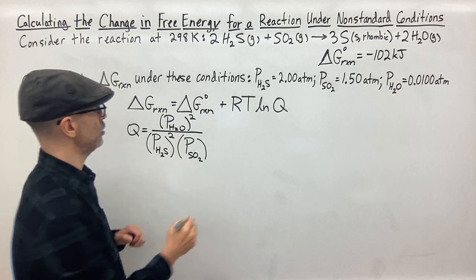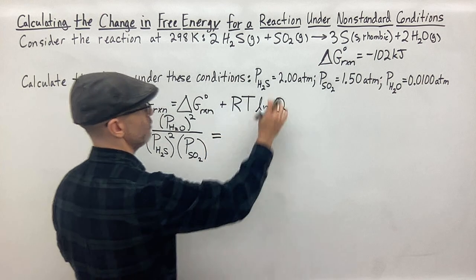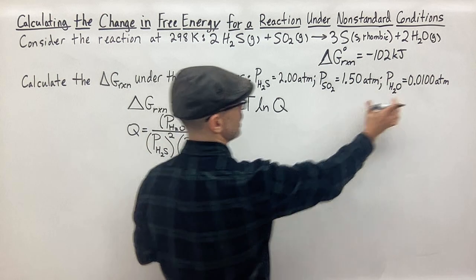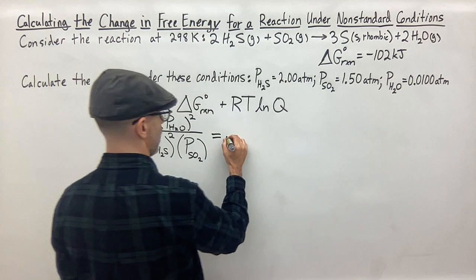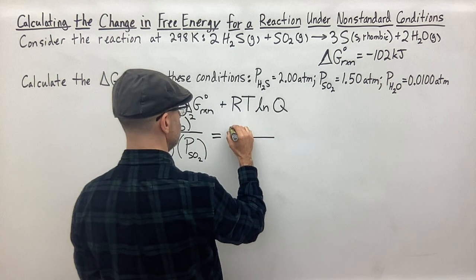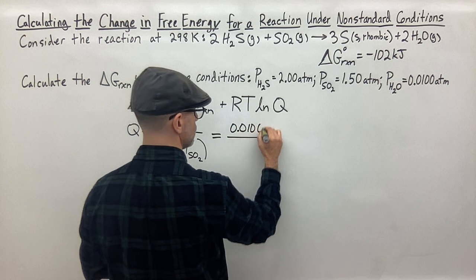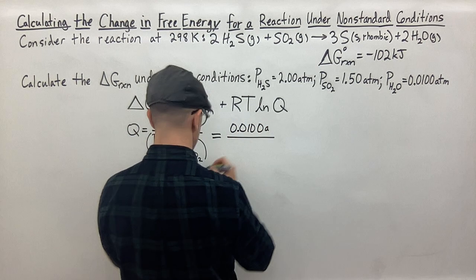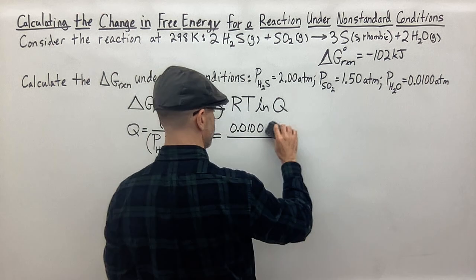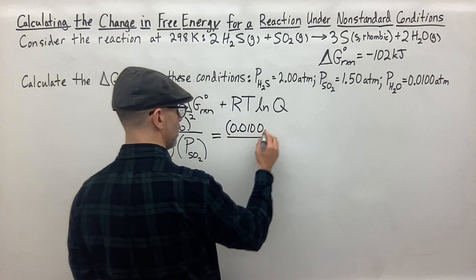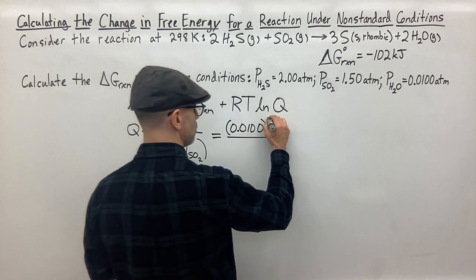So now all we need to do is plug in the values that they gave us. The partial pressure of water is 0.0100 atmospheres, though we don't really need to write atmospheres here. The units are going to cancel out anyway. So that's going to be squared.